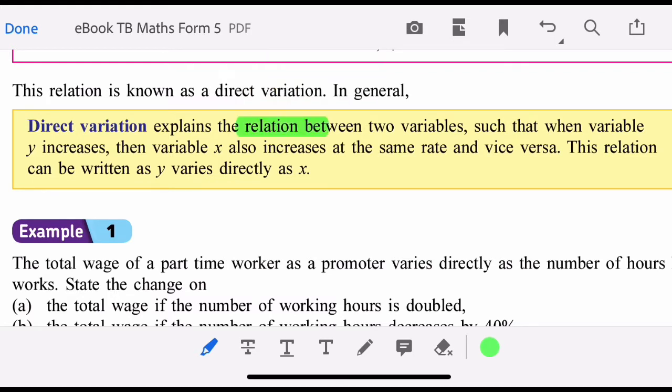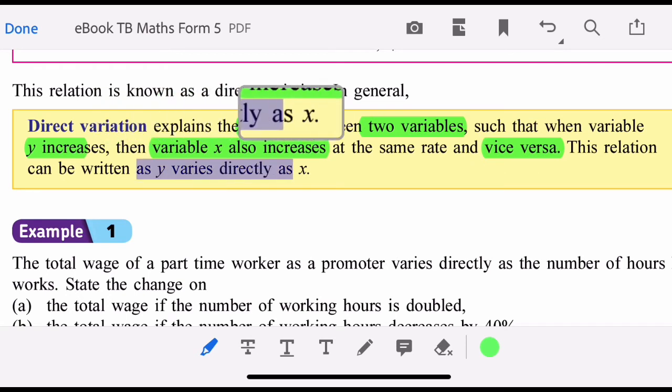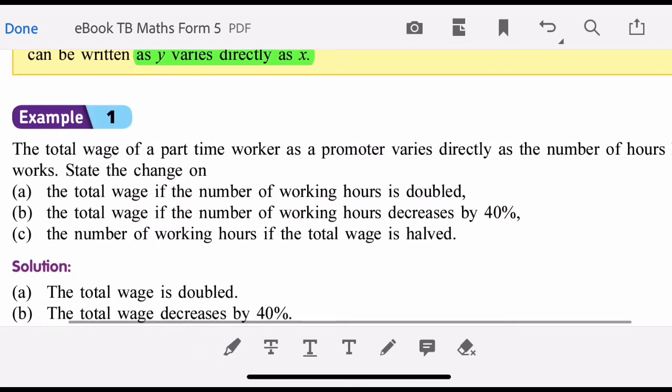In general, direct variation explains the relation between two variables, such that when variable y increases, the variable x also increases at the same rate and vice versa. The relation can be written as y varies directly as x.